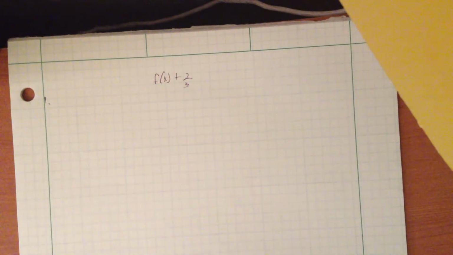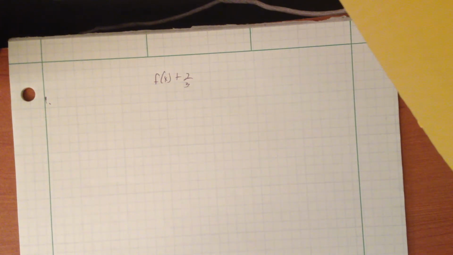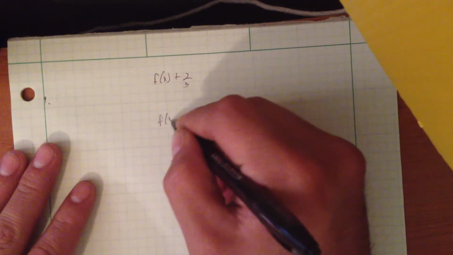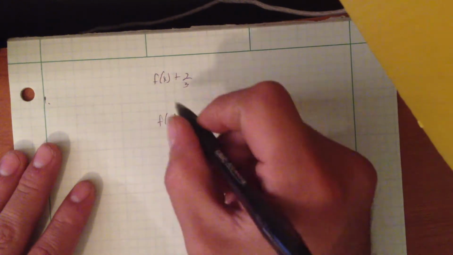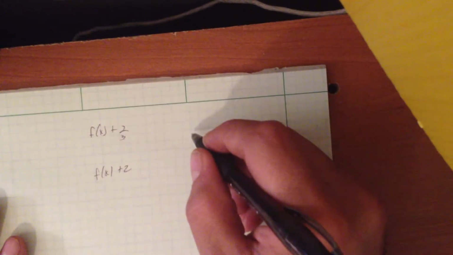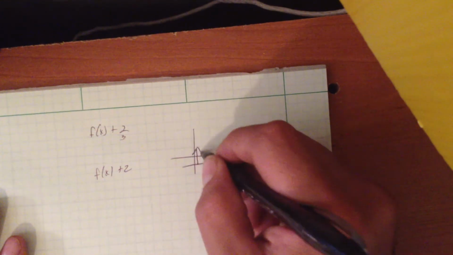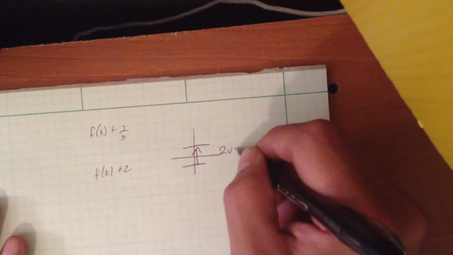Adding a number to a function basically just moves it up or down. Like in the last one, we had f of x plus 2, and on the graph it just shifted up 2 units.